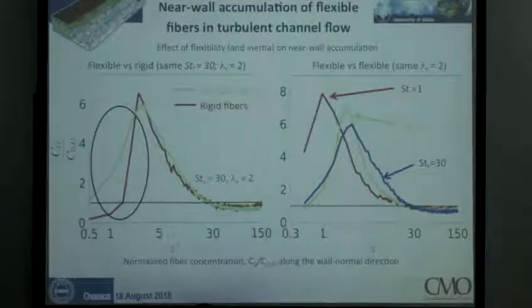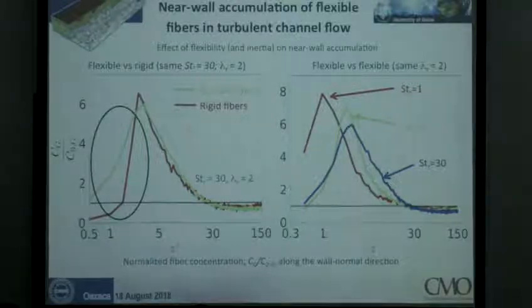And in fact, talking about concentration, this is one of the observables that we have been looking at. We have seen already that there is the usual peak of concentration close to the wall due to turbophoresis. These particles are inertial, so they will undergo the same accumulation effects that small spherical particles or equivalent rigid particles would do.